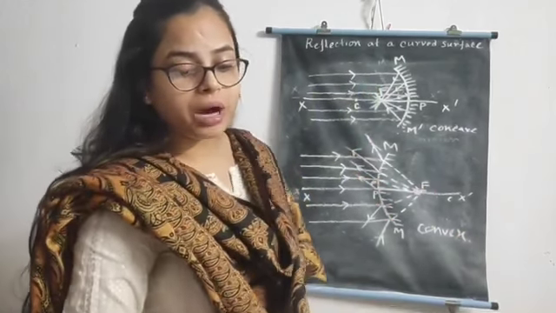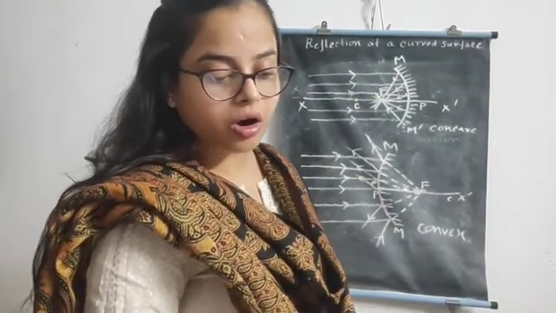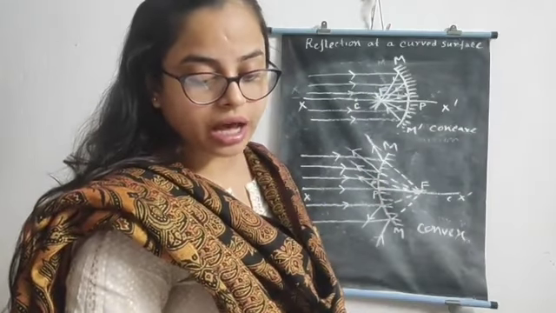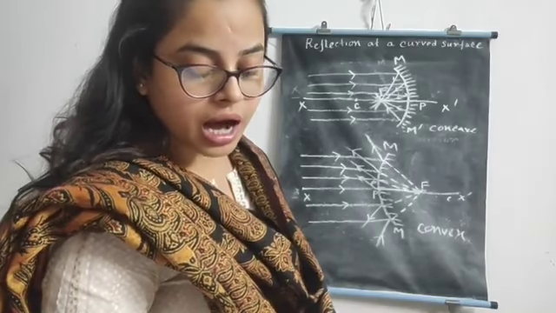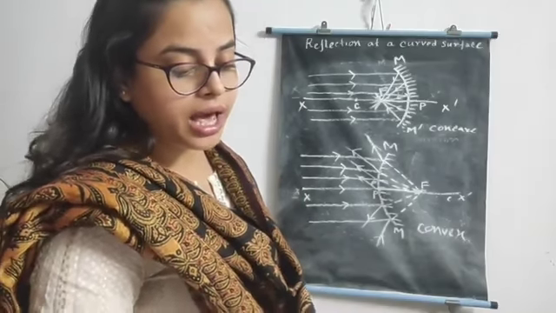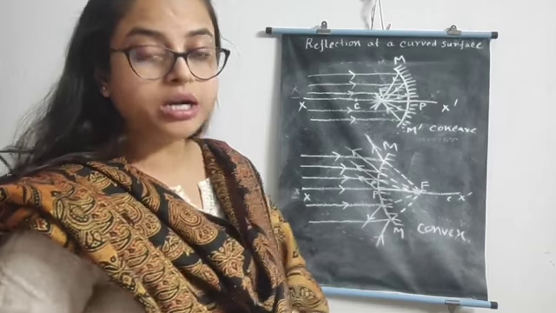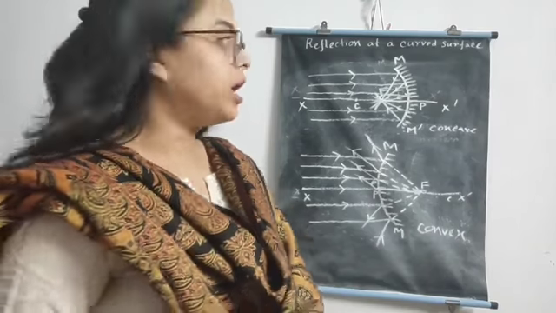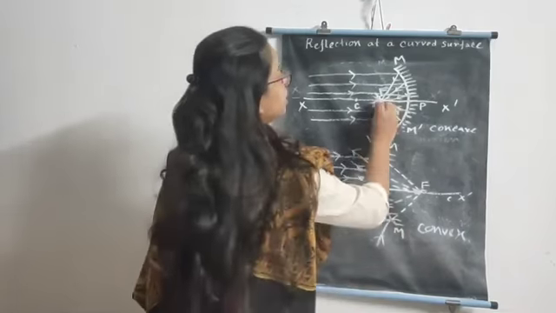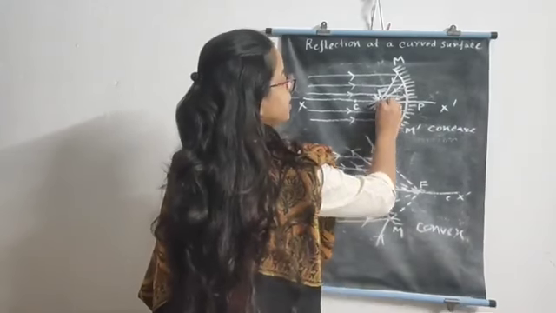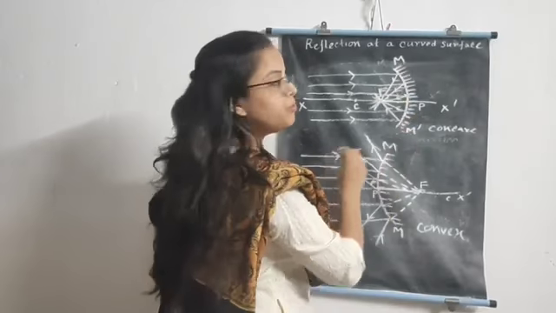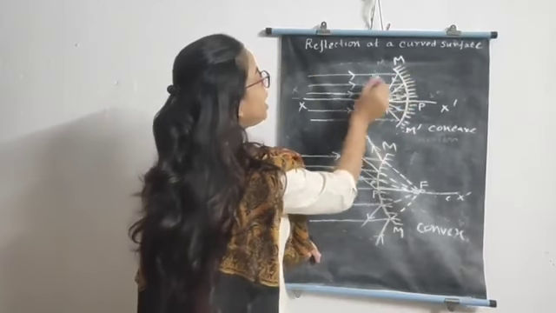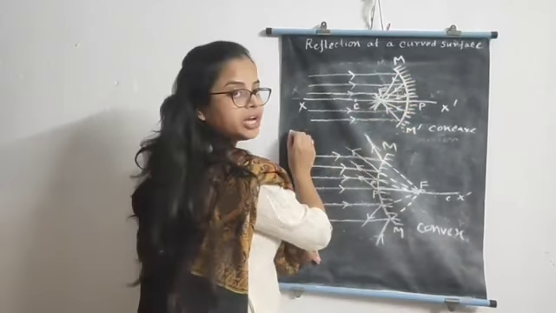Now, by the principle of reversibility of light path, the light diverging from or directed to the principal focus, after suffering reflection at the mirror, becomes parallel to the principal axis. When a light ray comes from the point F and reflects at the surface of a concave mirror, the light ray will go back parallel in this direction.